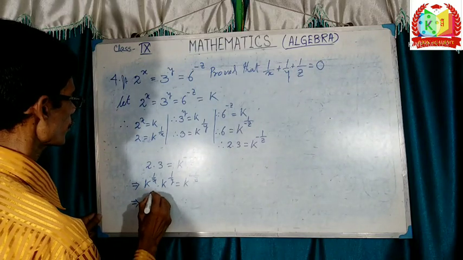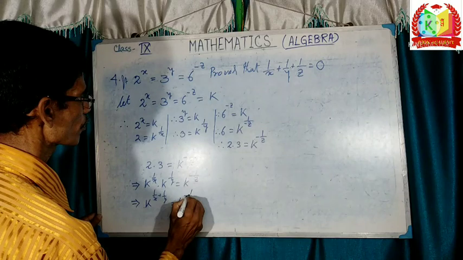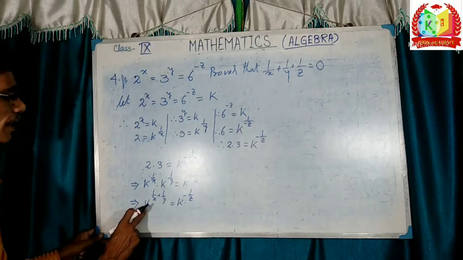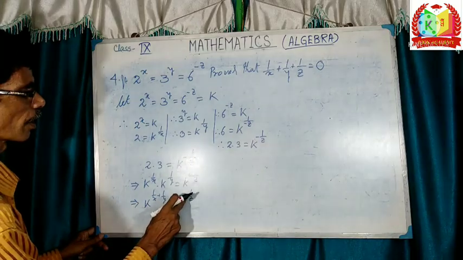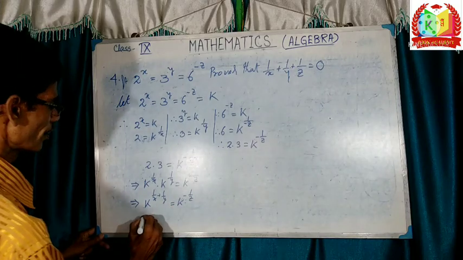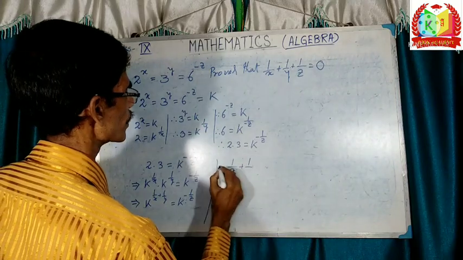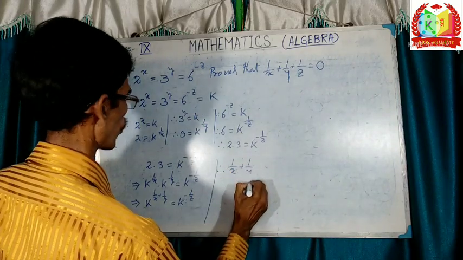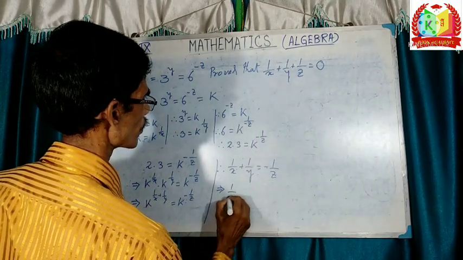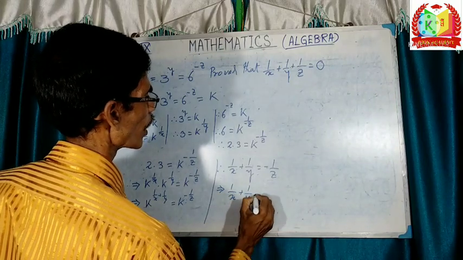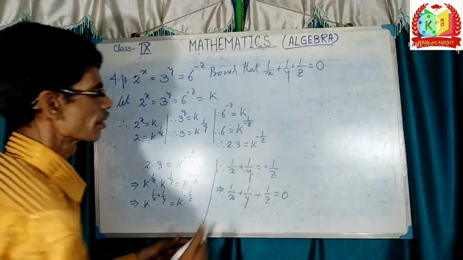So k to the power 1 by x plus 1 by y equal to k to the power minus 1 by z. Then we can write 1 by x plus 1 by y equal to minus 1 by z. So 1 by x plus 1 by y plus 1 by z equal to 0. Proved.